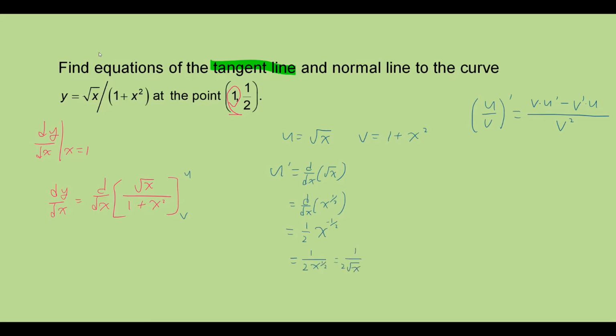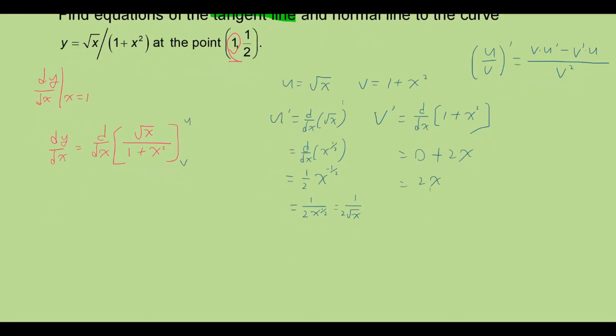We'll see which one we want to use later. v prime is going to be the derivative of 1 plus x squared. The derivative of 1 is 0, the derivative of x squared is 2x, which is 2x. So basically what we have here is u, v, this is u prime, and this is v prime.